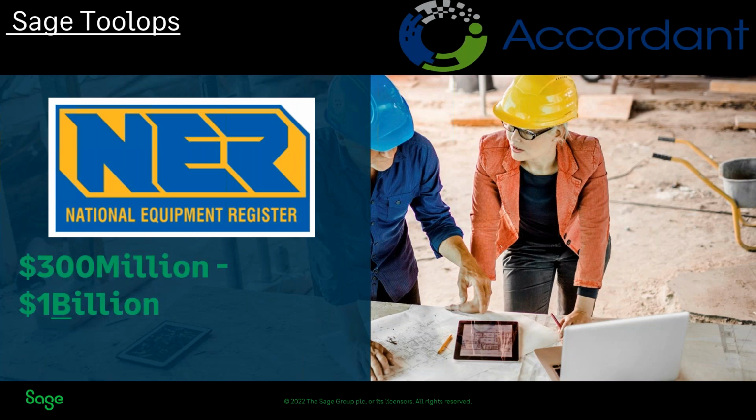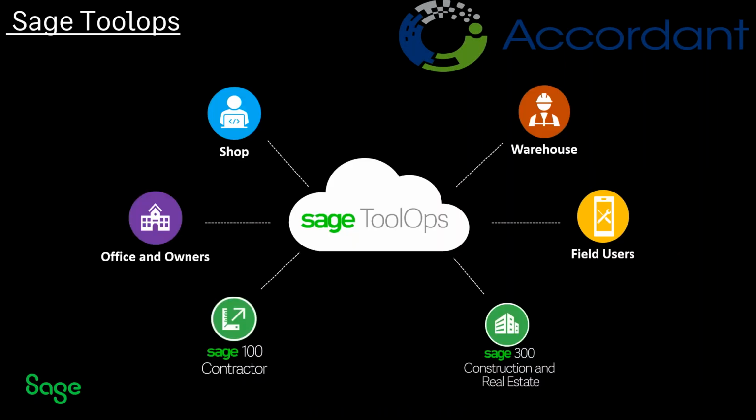It's kind of shocking what they came back with, but they say it's in the $300 million to $1 billion mark. A lot of companies come to me and say, this is the reason why we want a tool like this. We want to be able to start tracking and staying on top of the equipment, the tools, and also consumables that we have, and be able to know where it is, who has it, and so forth. So that's a big number, $1 billion, and that doesn't include tools and materials.